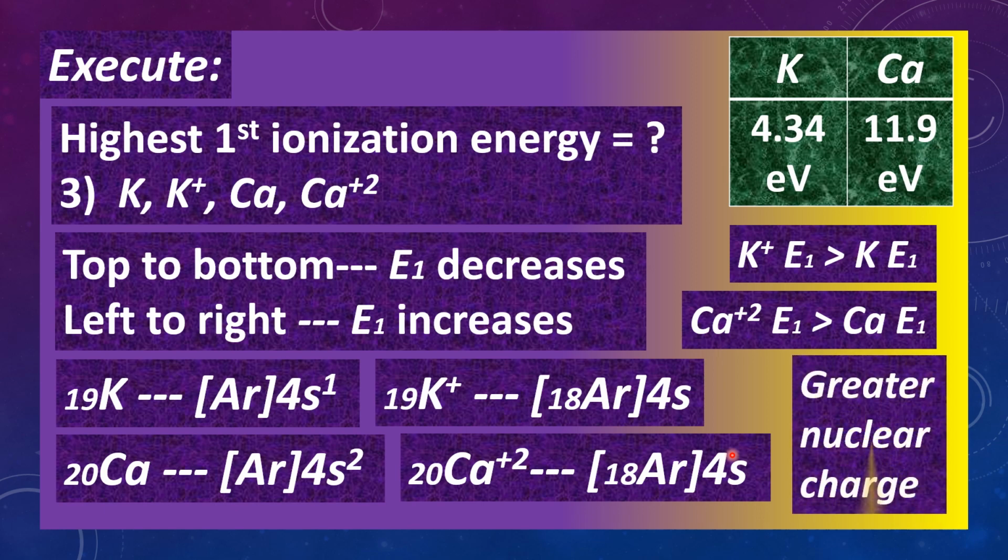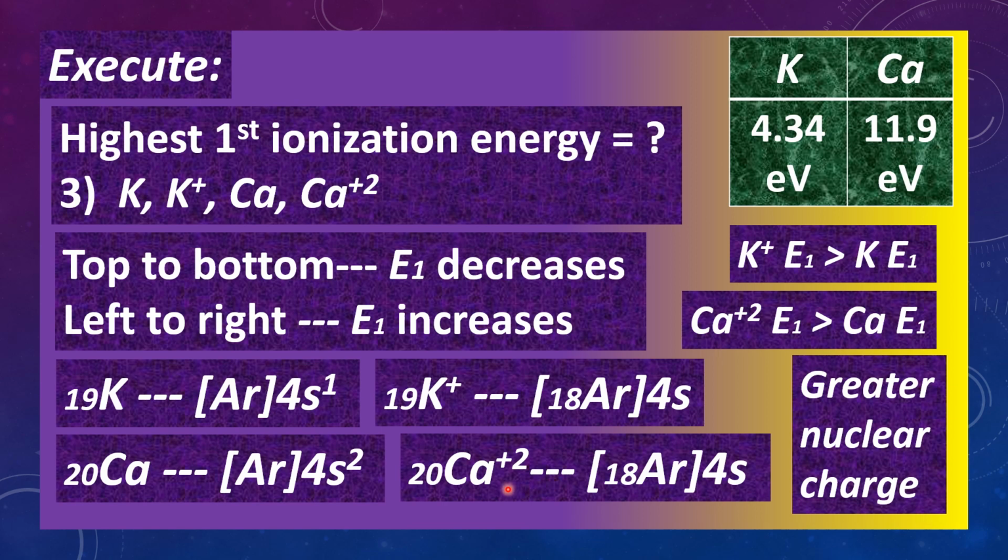It is because of the greater nuclear charge that is established once an atom loses one or two electrons. So in answering our question, which among the four species has the highest first ionization energy, it looks like calcium positive 2 should have the highest first ionization energy.